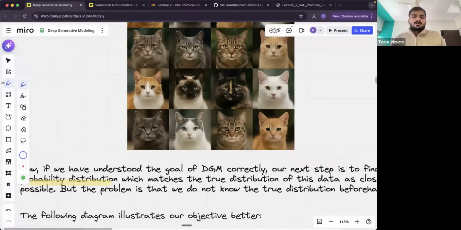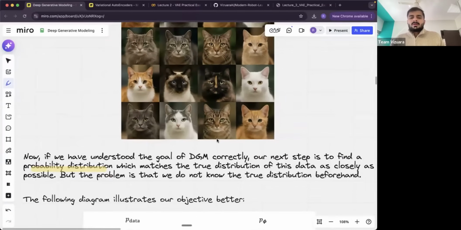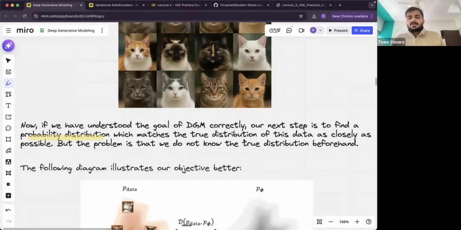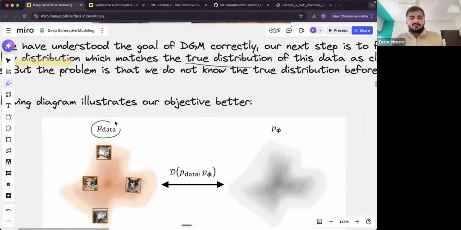So now if we have understood the goal of DGM correctly, our next step is to find a probability distribution which matches the true distribution of the data. So let's imagine hypothetically that this is the true distribution of P data. What we want to do is find a distribution that matches this distribution as closely as possible.